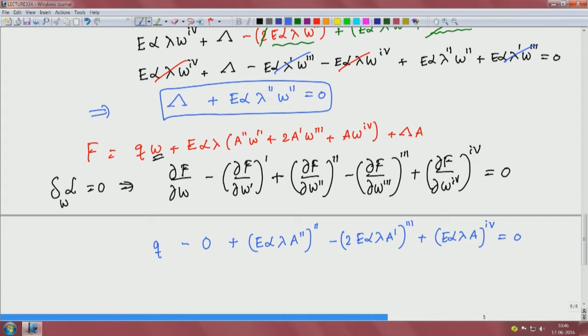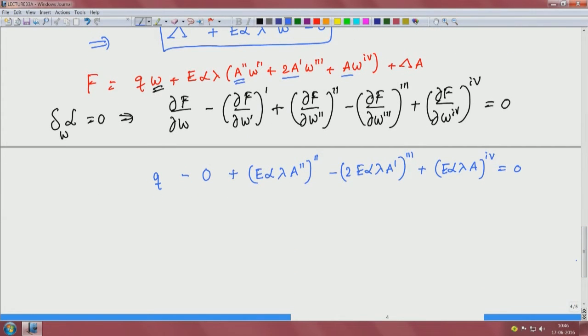So, for W there is only Q, W prime is not there, W double prime we have this term, W triple prime we have this term, W fourth derivative we have that, and E alpha lambda is there for all of them.